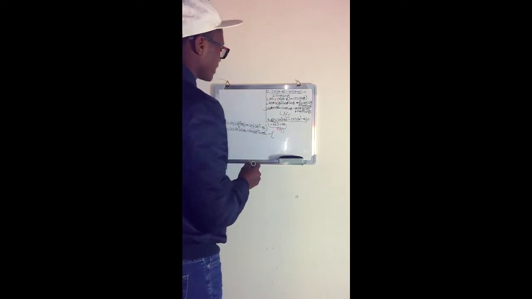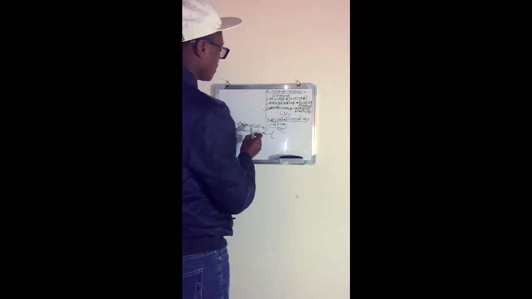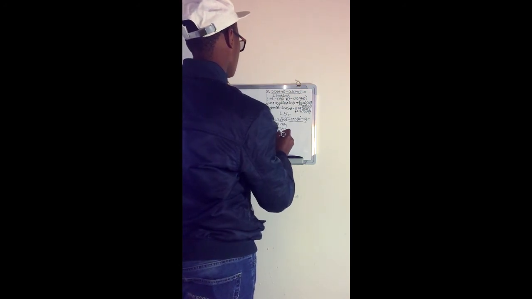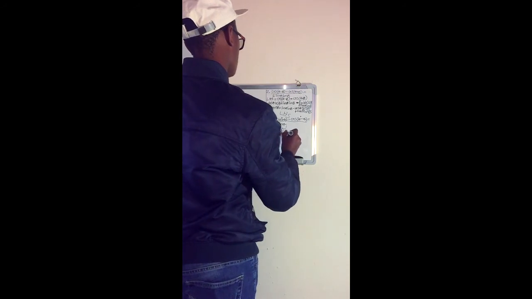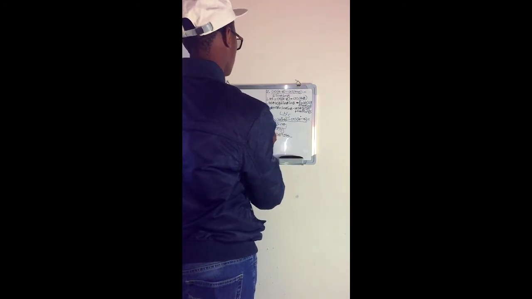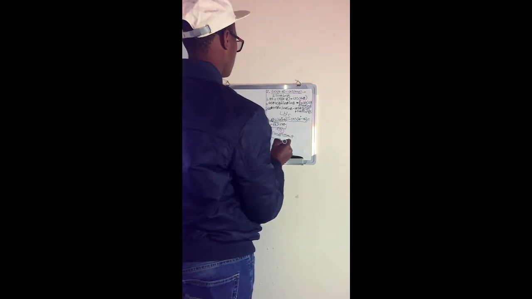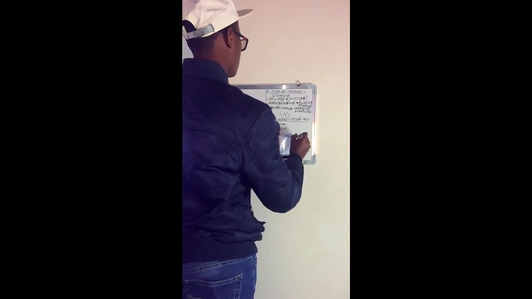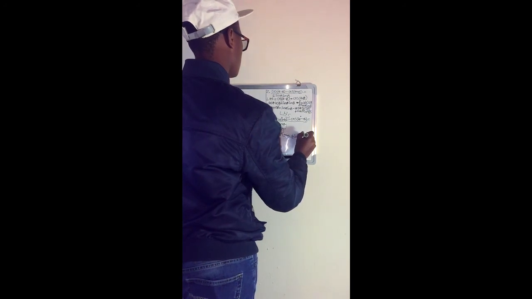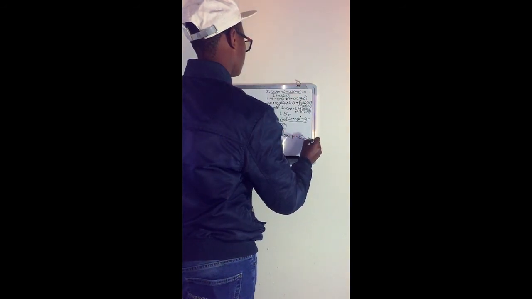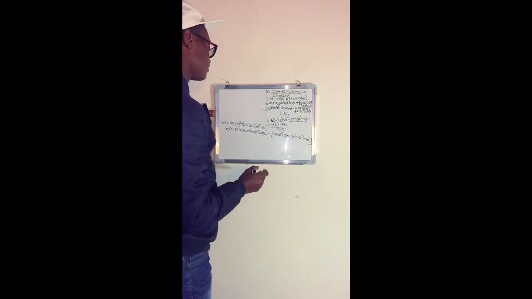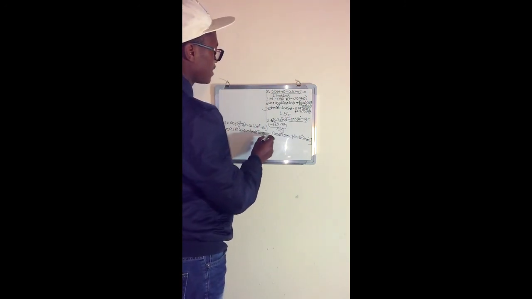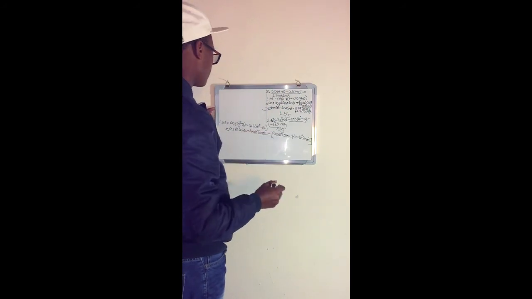we open square bracket and we expand this one. So this one is going to be cos 60 cos theta, and then because it's negative, it's going to change and become positive sin 60 degrees sin theta. So after that, I just have to break this bracket by multiplying by negative.